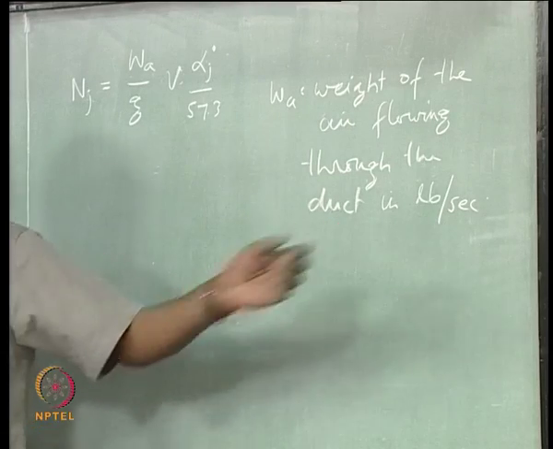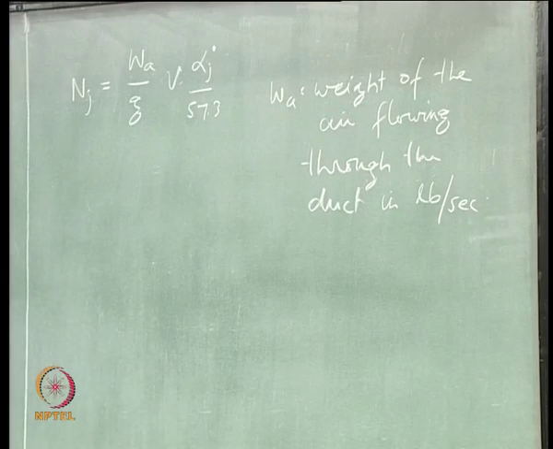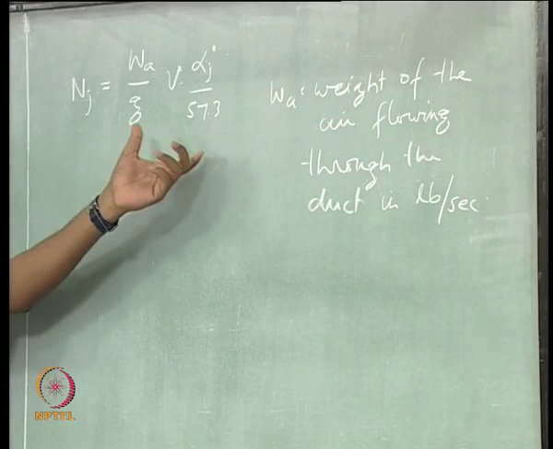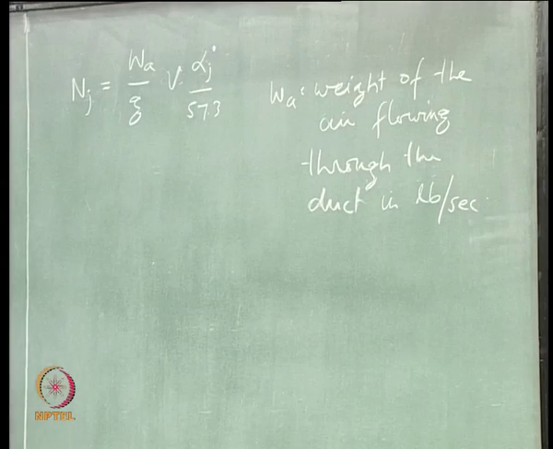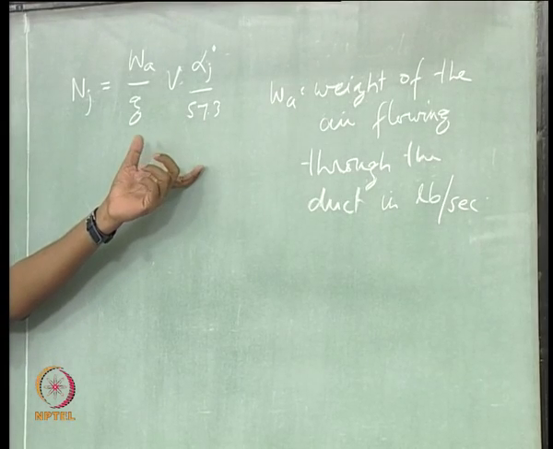And this is in pounds per second. You have to remember these units are very important when you are trying to calculate the derivatives. When we come to talk about the dynamic stability, I will show you how any change in the unit can make a difference.